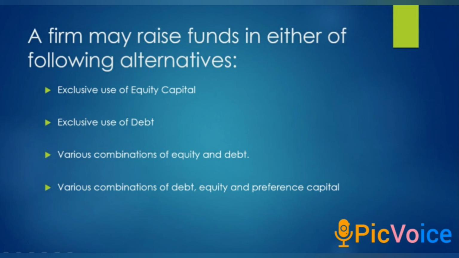So a finance manager has to decide which source should be used to raise the funds. Low debt means less risk and less return, whereas high debt means high risk, high return. Also, debt is considered to be the cheapest source, whereas equity is considered the costliest source of raising funds.